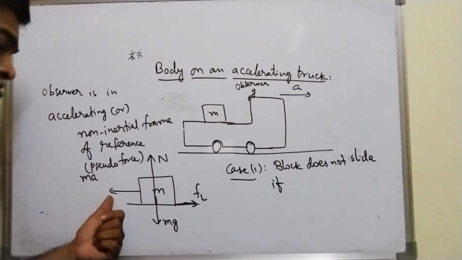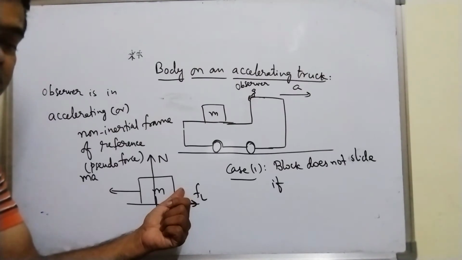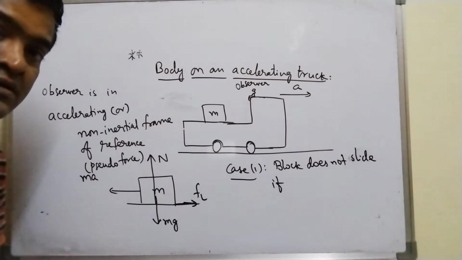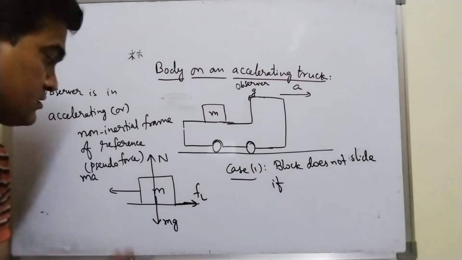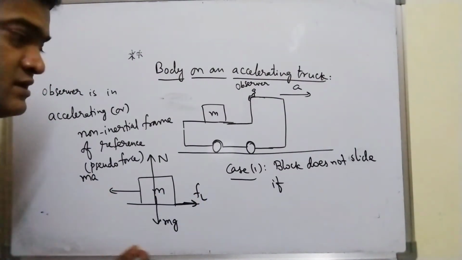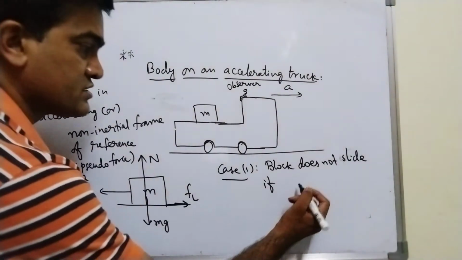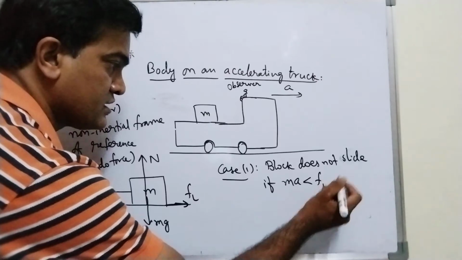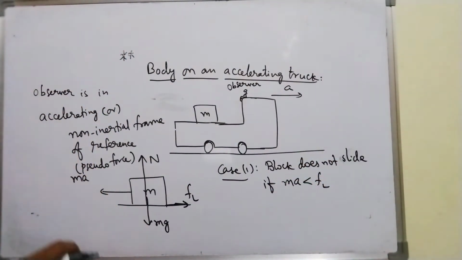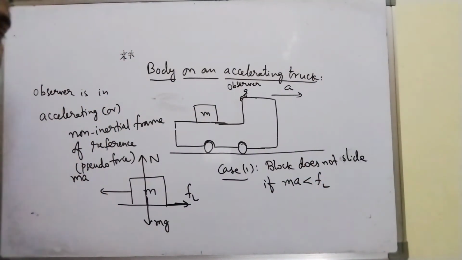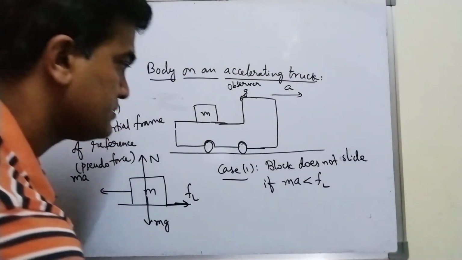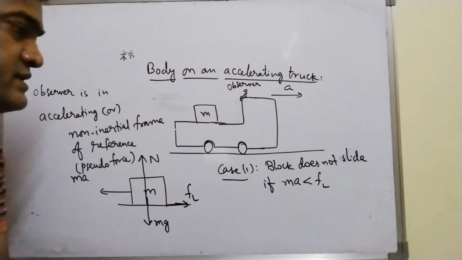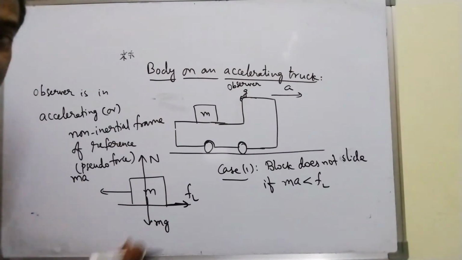If this ma is less than FL. Otherwise, is it not? The block does not slide if ma is less than the limiting frictional force. It will not slide down, right?